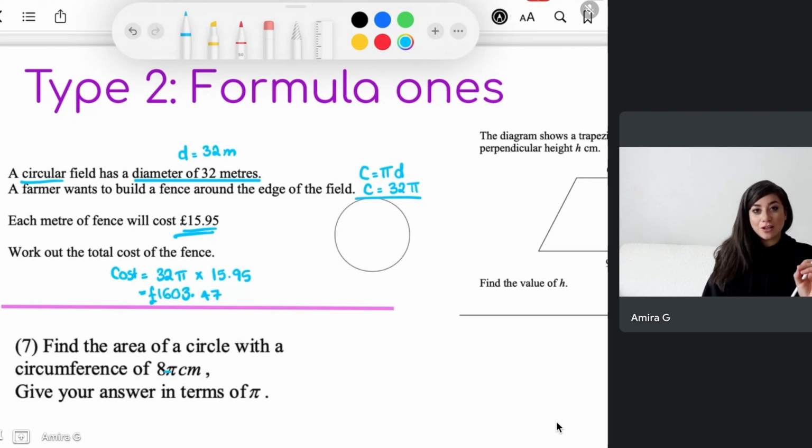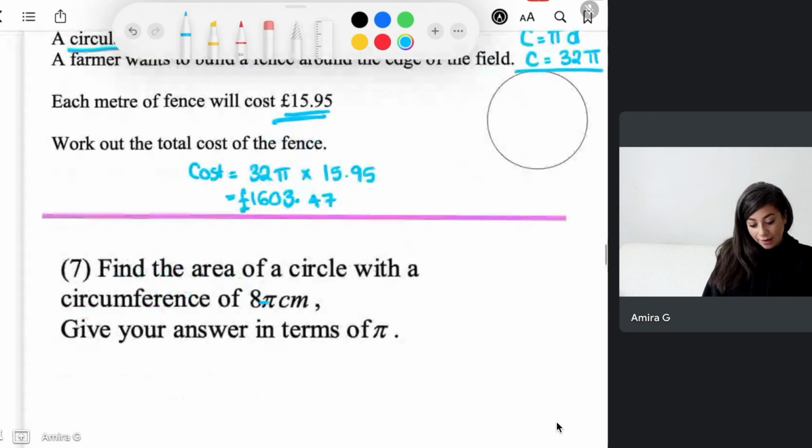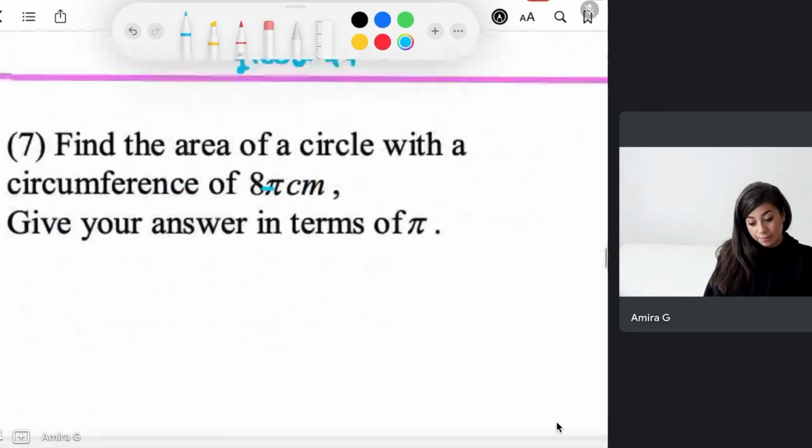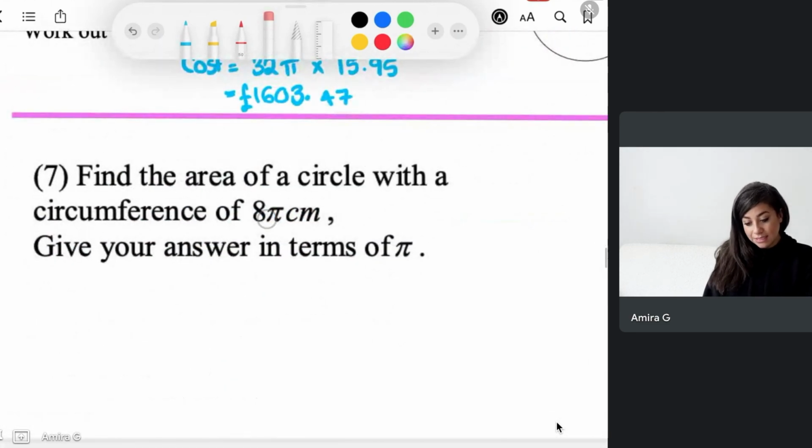Now let's look at another example. Let's stick to circles just because we're doing that right now, and then I'll show you something else. Find the area of a circle with a circumference of 8 pi. Let's take that step by step. The area of a circle, I know a formula for that: A equals pi r squared. Can I substitute anything? Nope, move on.